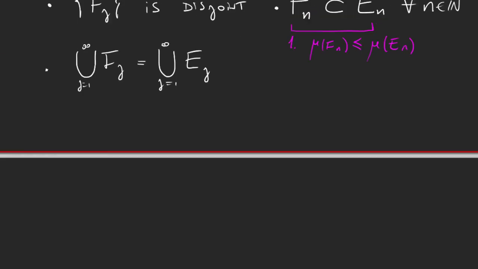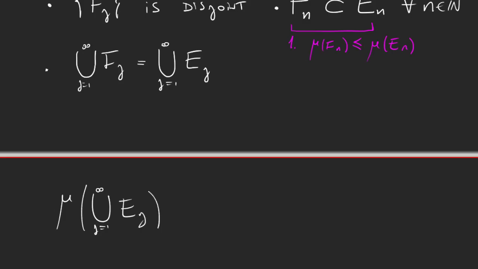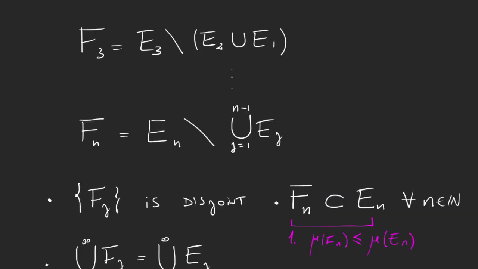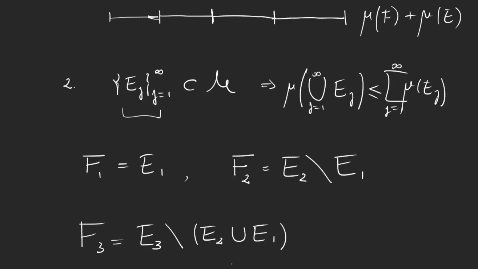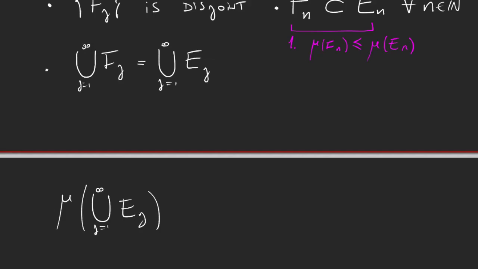Let's now calculate the measure we want. We want to calculate the measure of the union of E sub j. We want to prove that the measure of this union is smaller than the sum of the measures. But now, because of this property right here, the measure of the union of the E sub j's is equal to the measure of the union of the new sequence F sub j.